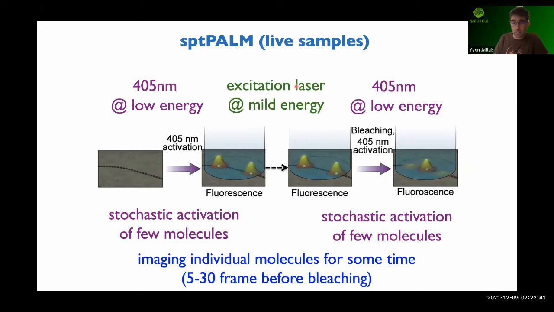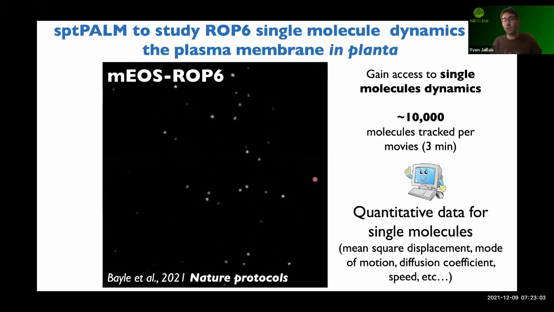The second is that we use a mild energy excitation laser, so when we record the position of one protein, it will not bleach immediately. At the next frame, we will see that it moves. Because we have 20 nanometer precision, we can precisely record how these proteins move through time.